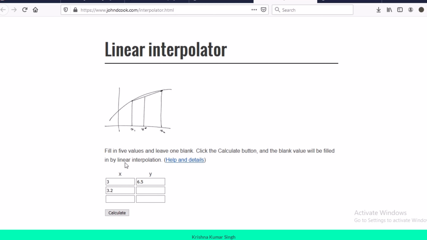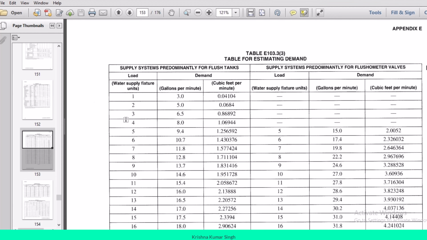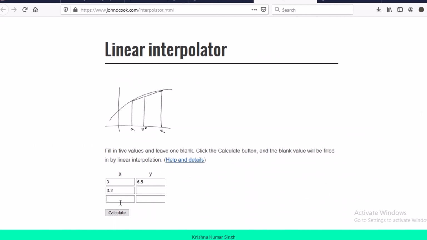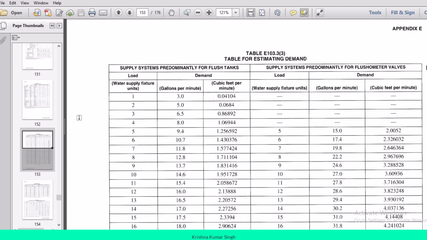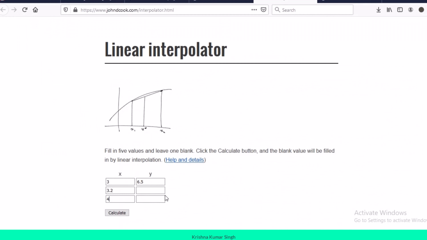Leave it blank. The suggestion is also here: fill in 5 values and leave one blank that you want to find, and click the button, and the blank value will be filled in by the linear interpolation calculator. Now in between is 3.2 and the next is 4. That's 4, and 4 will give you 8.0. Write down 8. Now you need this value, so press calculate.